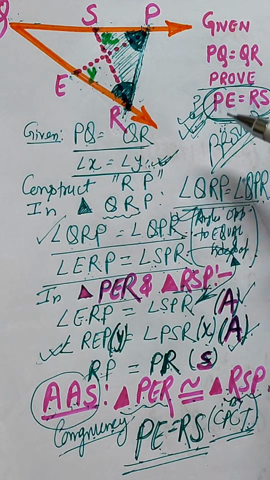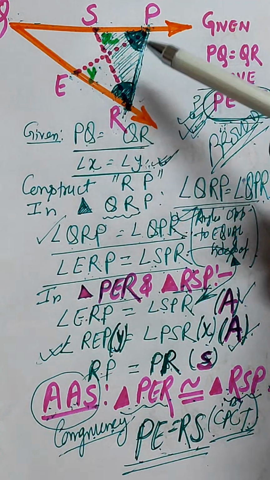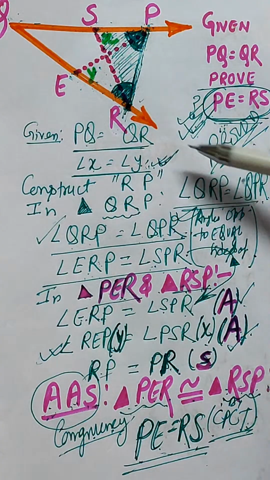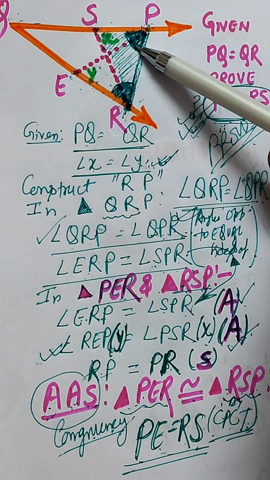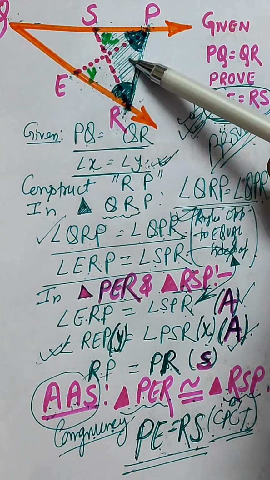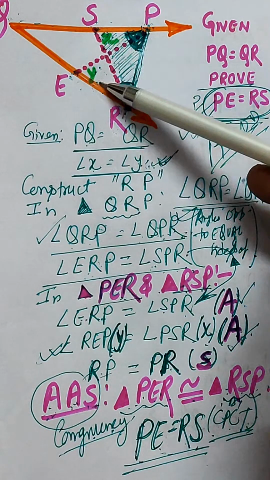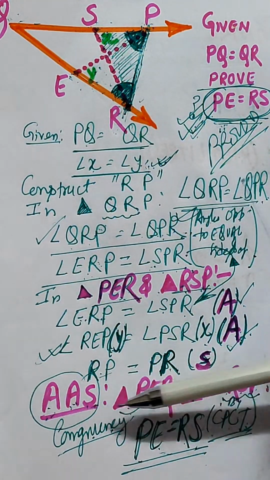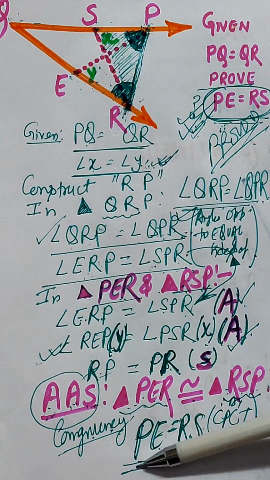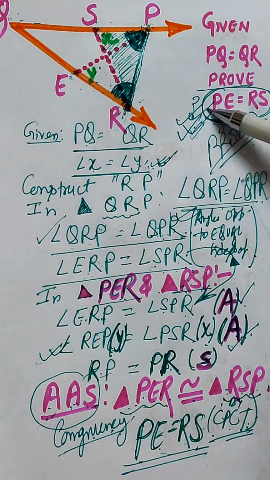So here you can see the two basic steps which we have taken. We did the construction, we used the theorem that angles opposite to the equal sides of a triangle are equal, and we visualized this question in such a way that you can see these two triangles have been proved congruent by AAS, and after that, by CPCT we can say PE equal to RS, and we have easily proved it.